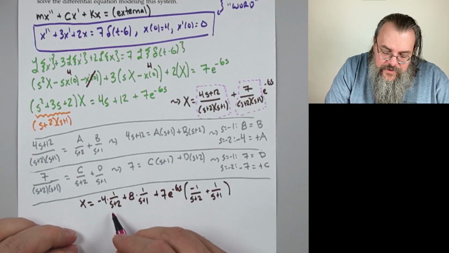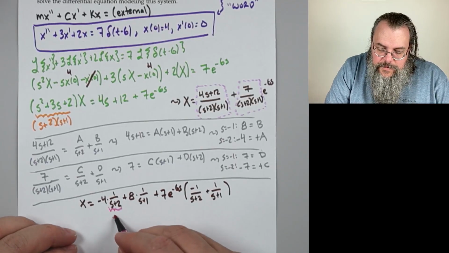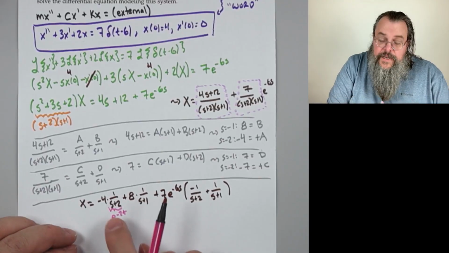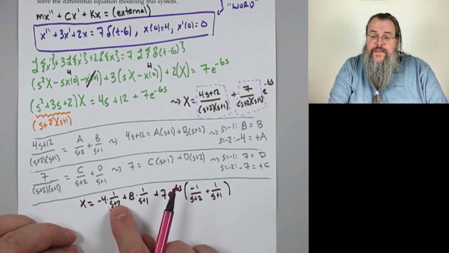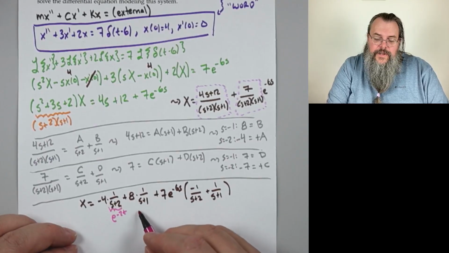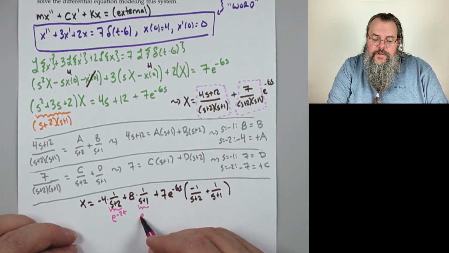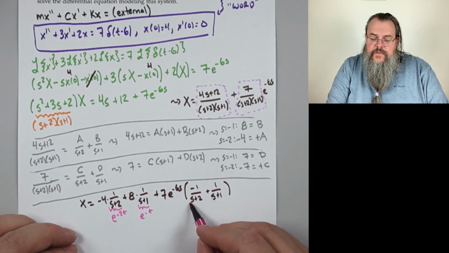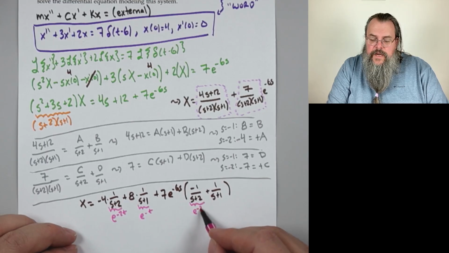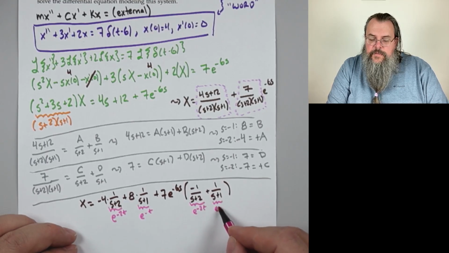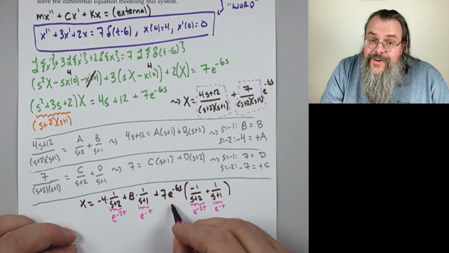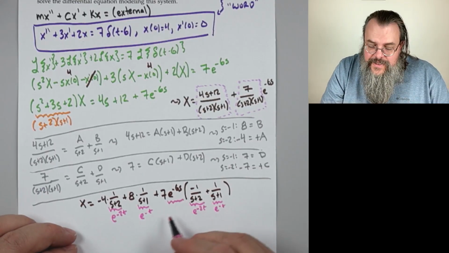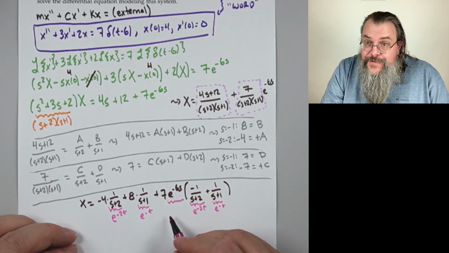1 over s plus 2, well, that would be e to the -2t. Think of it as s minus -2. So that -2 from that s minus -2. Over here, 1 over s plus 1 is e to the -t. It's going to be similar on this side. We have e to the -2t and e to the -t, except here, this says, oh, shift.